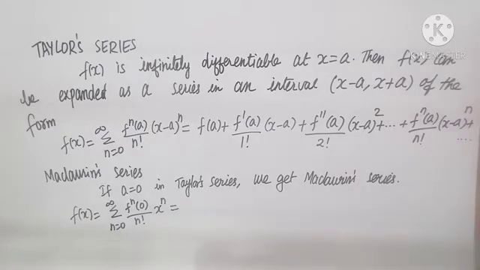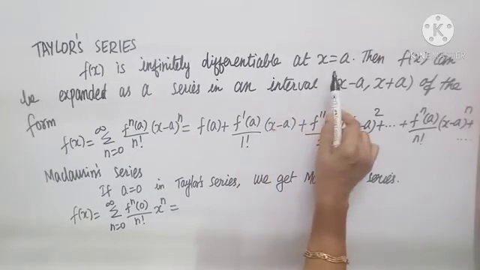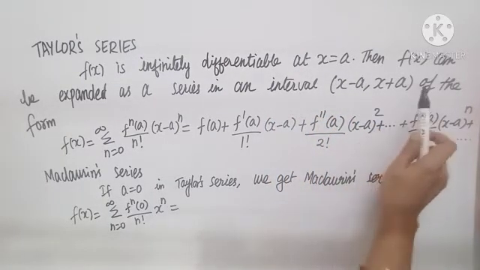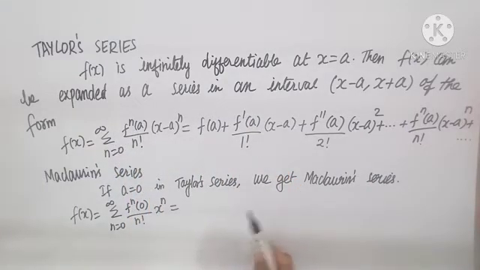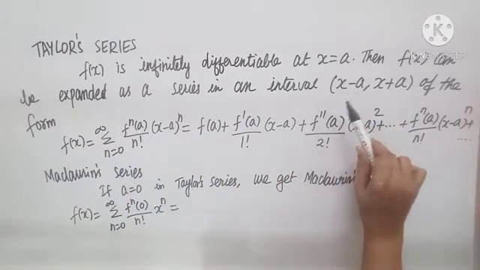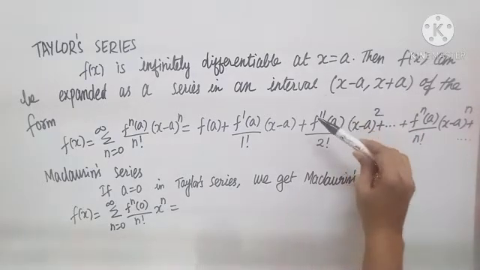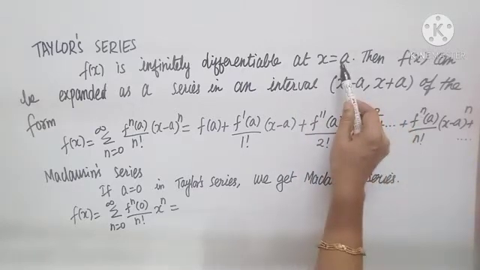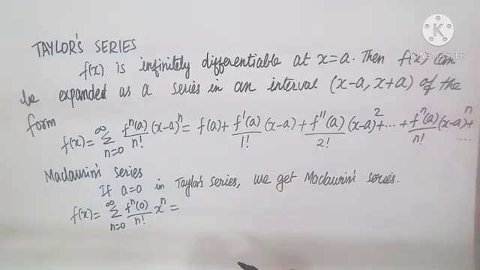Consider a function f of x, which is infinitely differentiable at x equals a. Then f of x can be expanded as a series in an interval from x minus a to x plus a. That is the interval, where a is the point where it is infinitely differentiable.